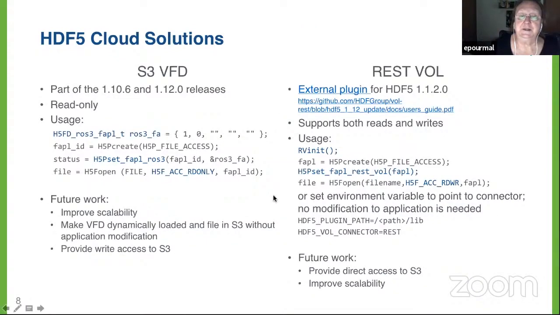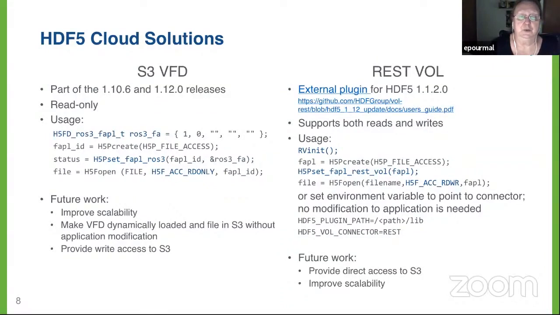This is an example to just give you a flavor of how you will use it. As I mentioned, the S3 virtual file driver is a part of the 1.10.6 and 1.12 releases. It should be configured when you configure the library by specifying a flag to configure or CMake, and it is read-only now. Usage is very simple.